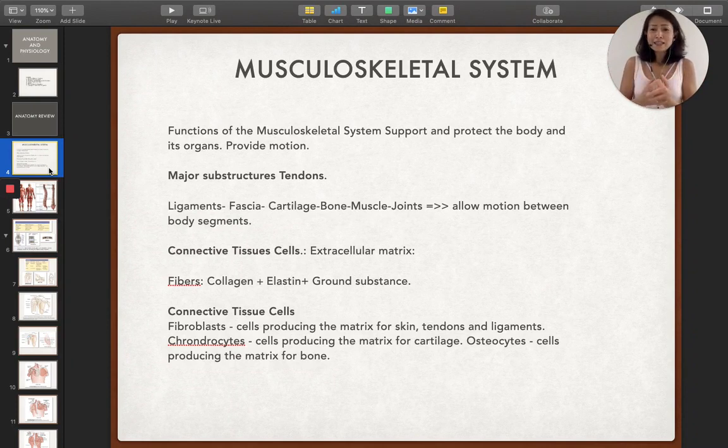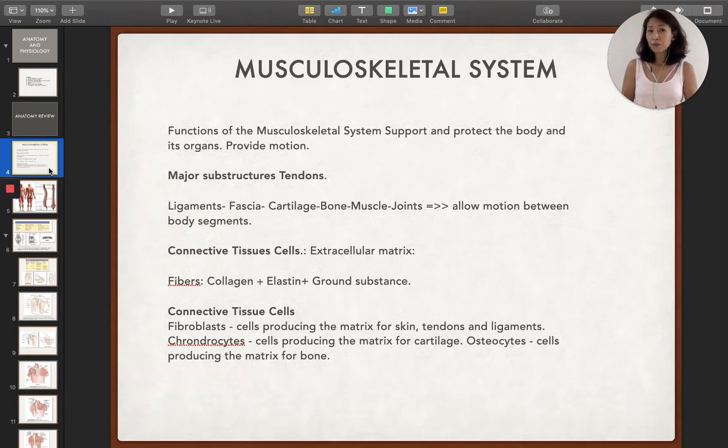What are tendons and ligaments and fibers in our bodies here? So, ligaments, fascia, cartilage, bones, muscles, and joints. All of these things allow motion to happen between the segments of our bodies.